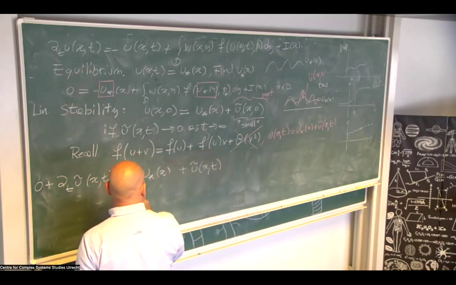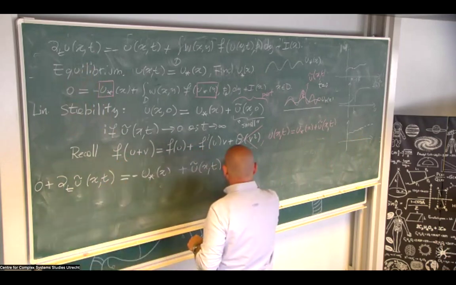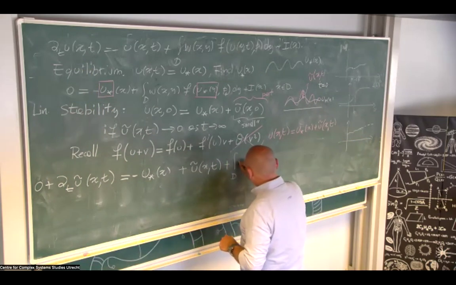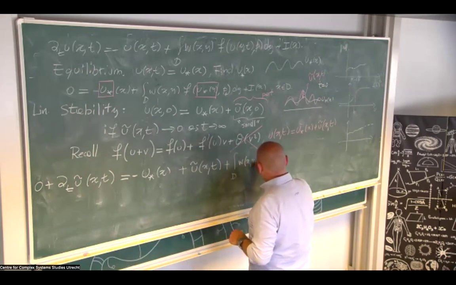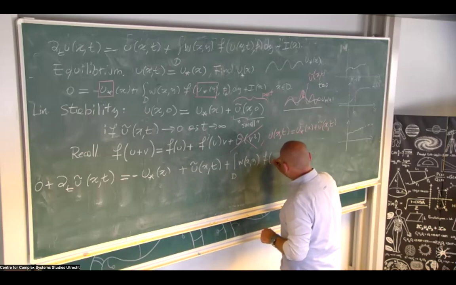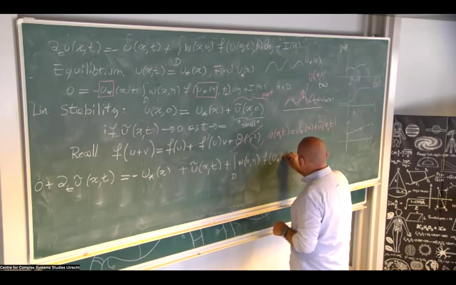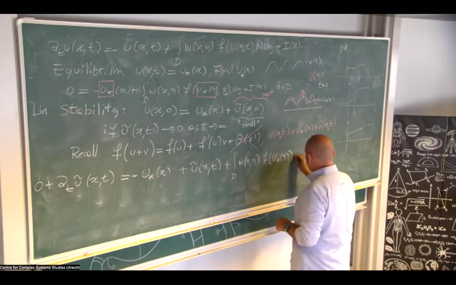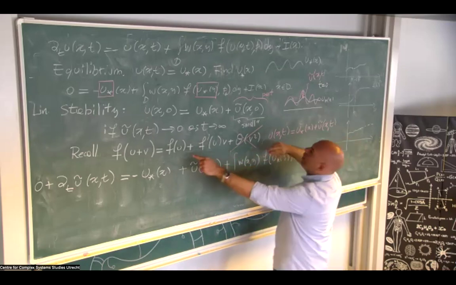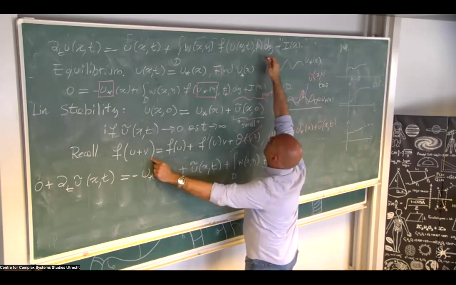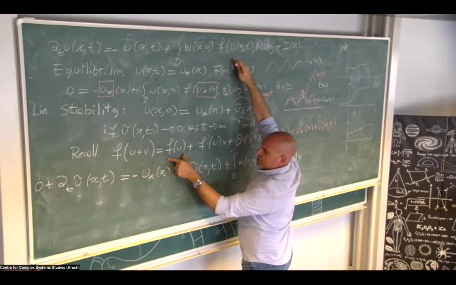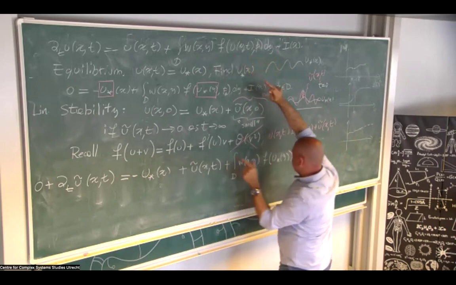Then you're going to have plus the integral of w(x,y) f of u star of y dy. This is what happens when I'm plugging in. I am just retaining this term there. So the first term gives rise to that.